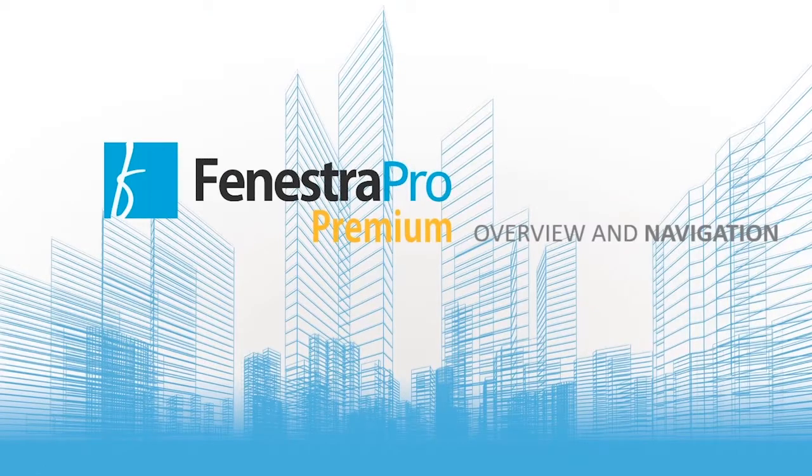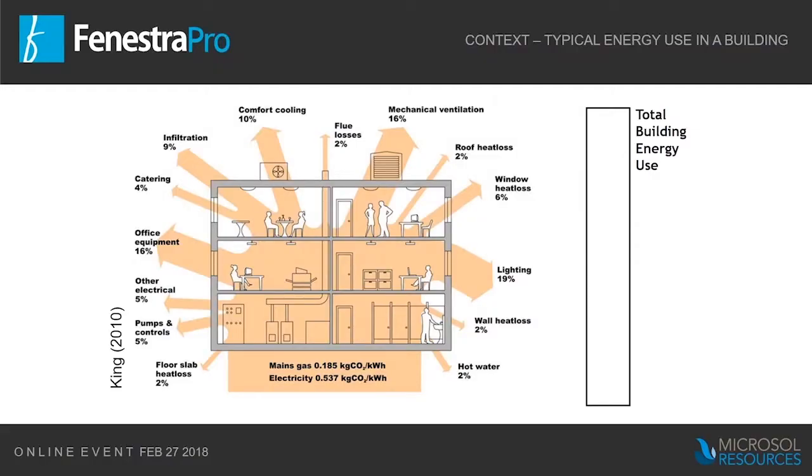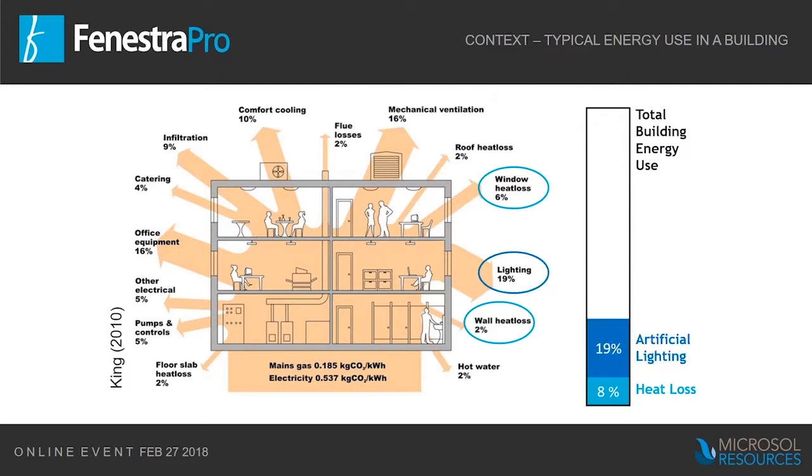So if we want to talk about facades for a second, let me come back to Fenestra Pro in a second. If we take a typical office building and the breakout of the differing uses of that office building, we can see that heat loss through the walls or through the window, or through the facade as we might say, accounts for some 8%.